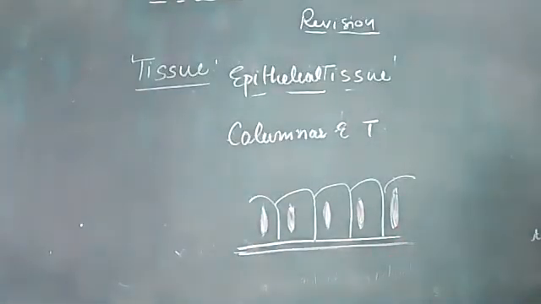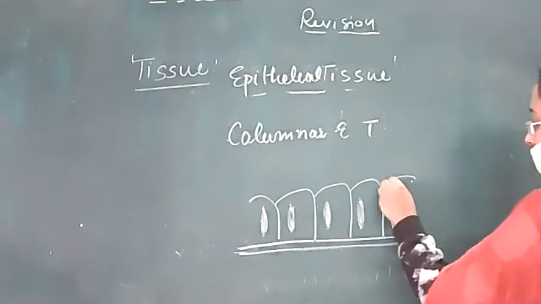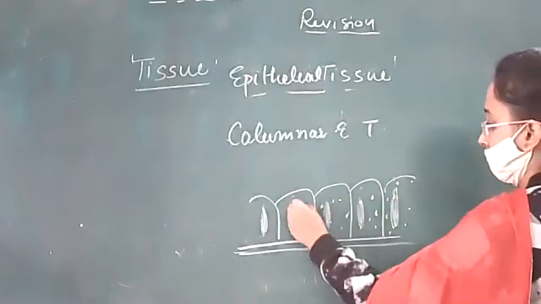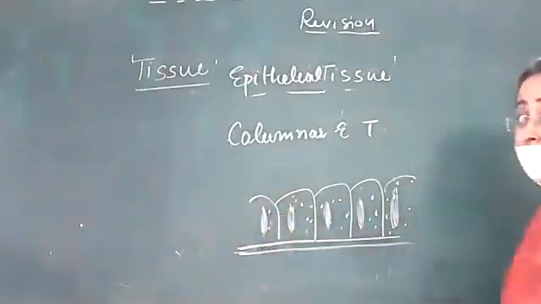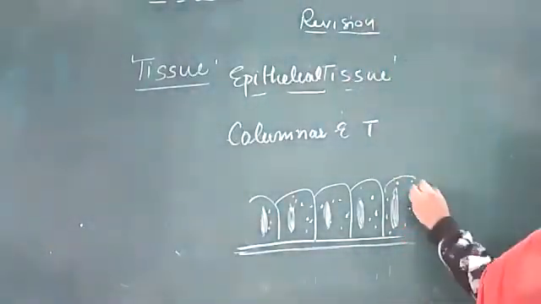Nucleus side भी होते हैं. The nucleus you have to draw on the side near the base, and it consists of cytoplasm. Now you can label it.